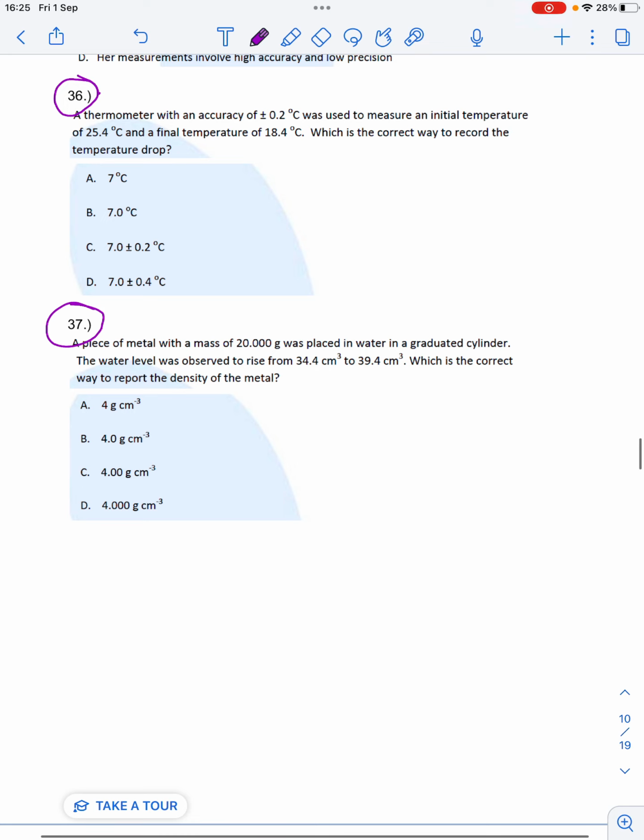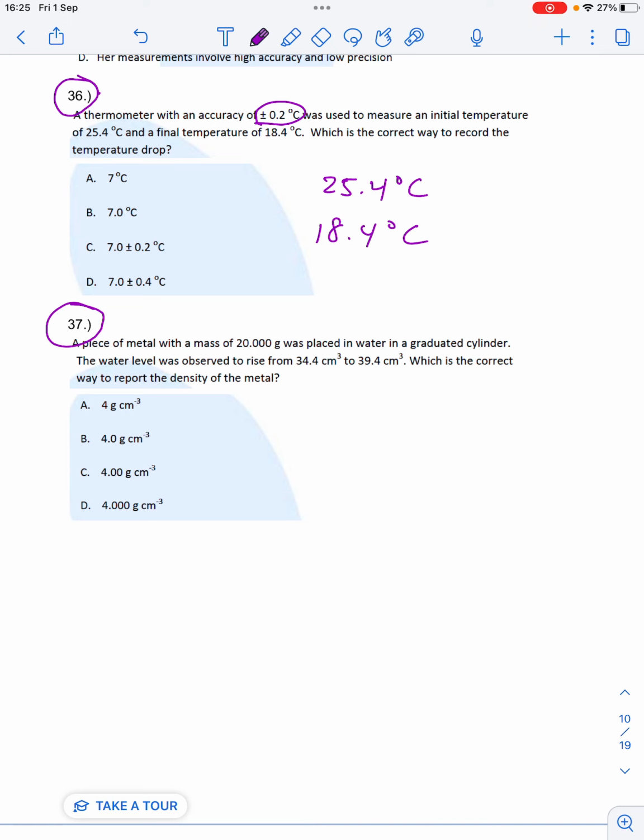Okay, moving on to 36. A thermometer with an accuracy, I would maybe say a precision, of plus or minus 0.2 degrees Celsius was used to measure an initial temp of 25.4 degrees Celsius and a final temp of 18.4 degrees Celsius. Which is the correct way to record the temperature drop?